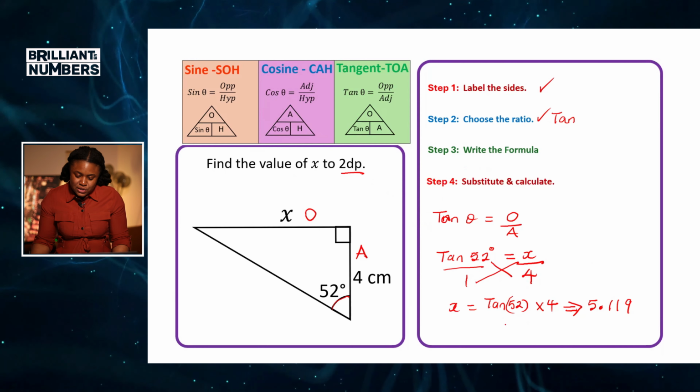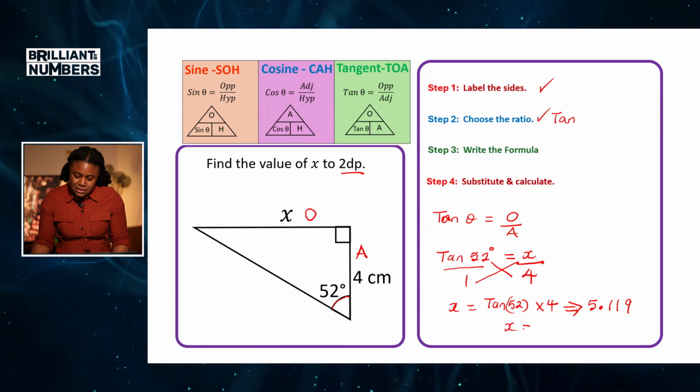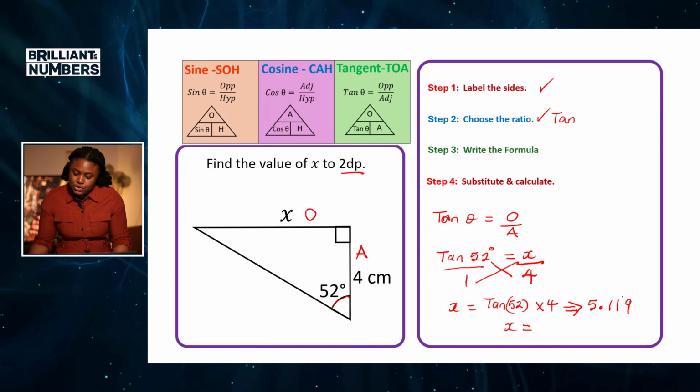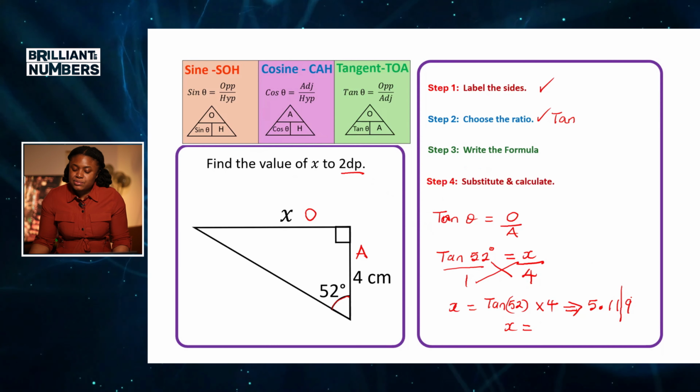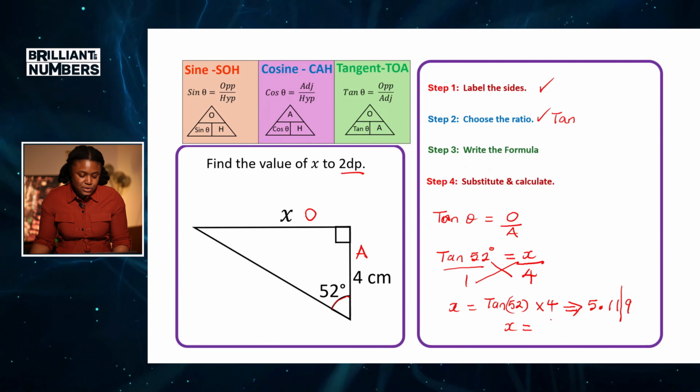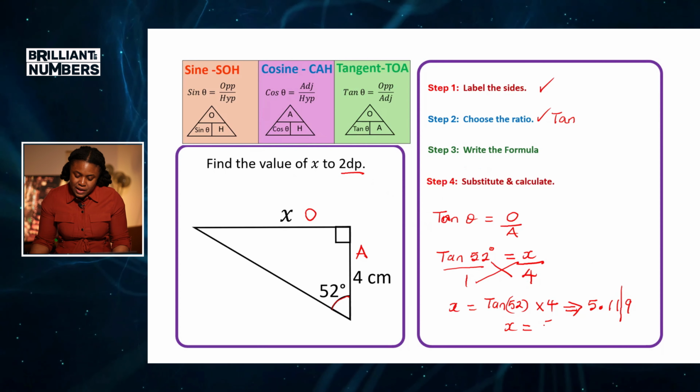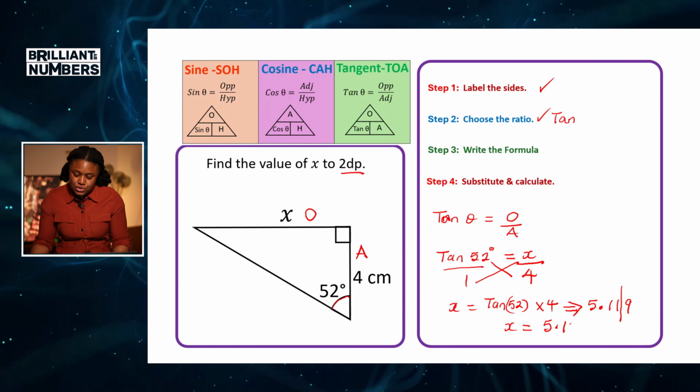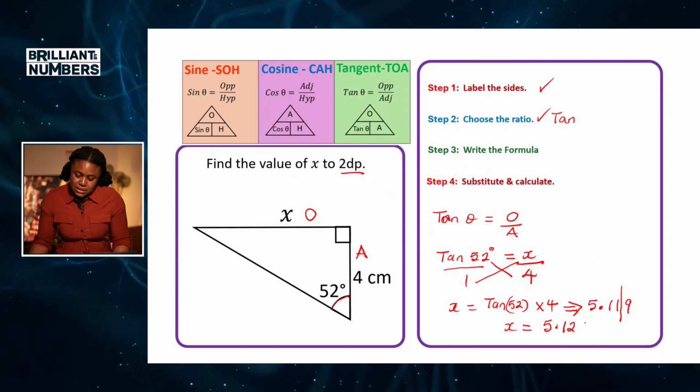Therefore, I'm going to say that x now has to be equal to 1, 2, check. I need to round up because I've got 9 as my 3rd decimal place. So the final answer then is 5.12 centimeters.